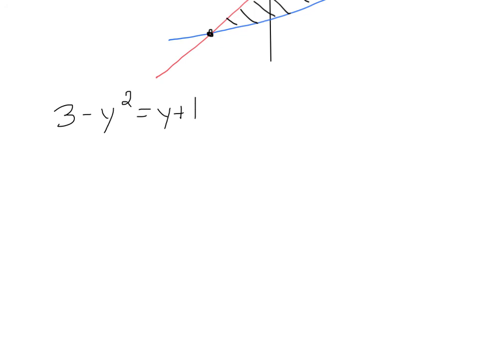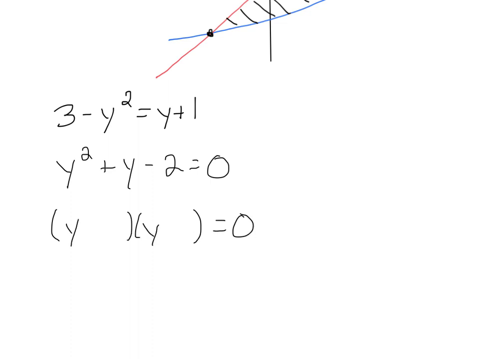And we'll solve. I'll have y squared plus y minus 2 equals 0. So that will give us y plus 2, y minus 1, which will give us y equals negative 2, and y equals positive 1.